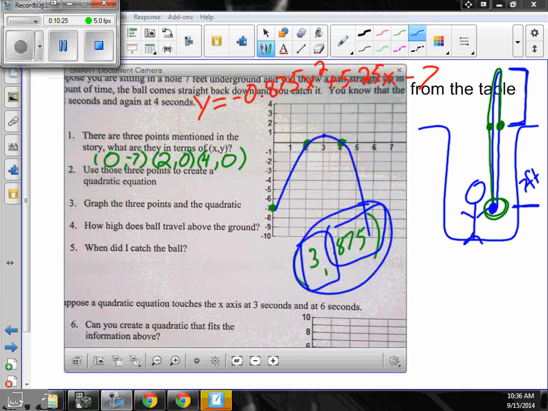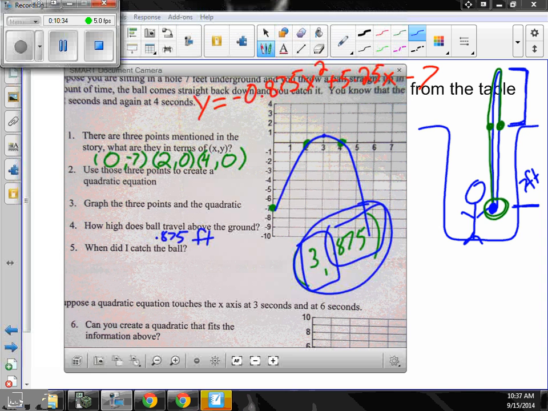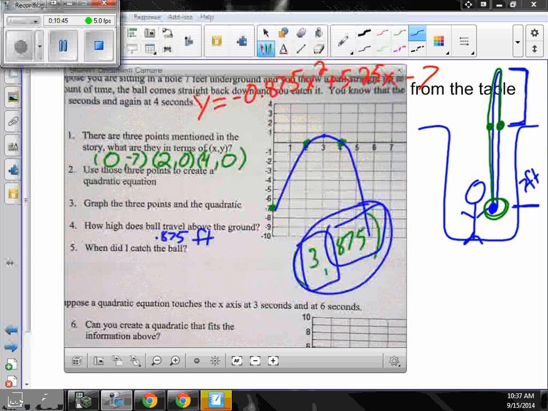So the max is 0.875 feet. How long is it going to take before you catch the ball again? 18? No. Why 6, Cameron?